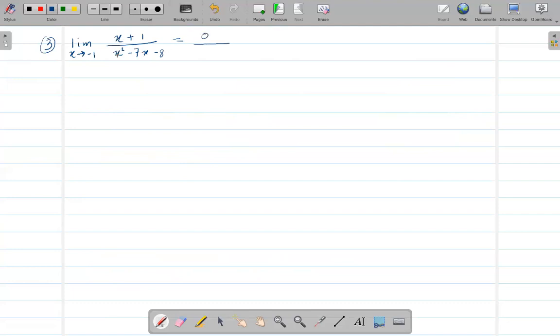On the bottom, we get -1 squared minus 7 times -1 minus 8. So this will be 0 divided by, this is +1, this is +7, minus 8. 8 minus 8 is 0, so 0 over 0. Again, we get 0 over 0, so we can use L'Hopital's rule.